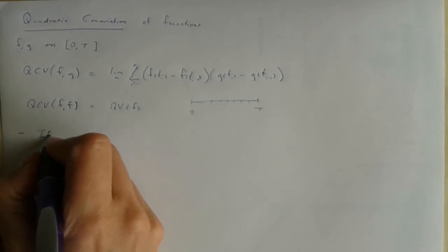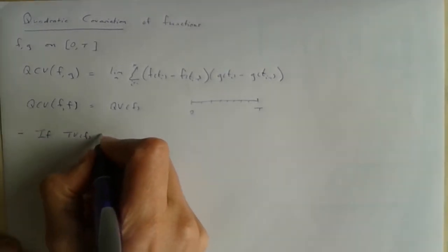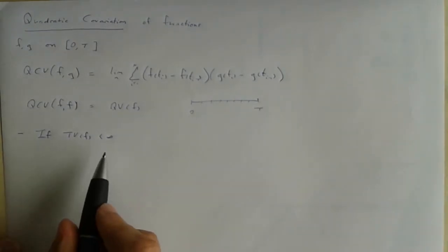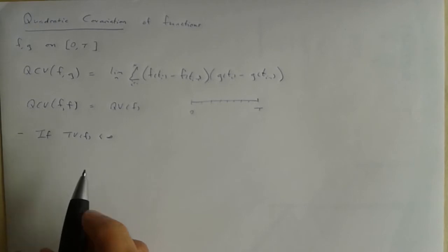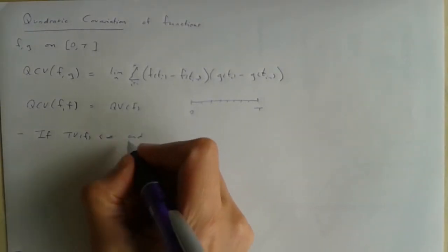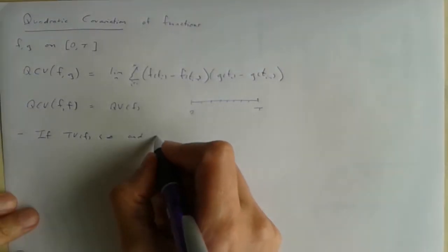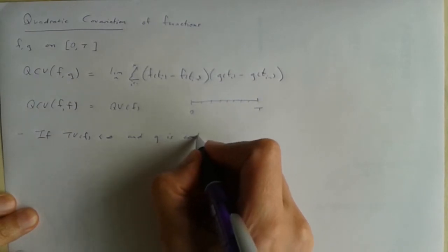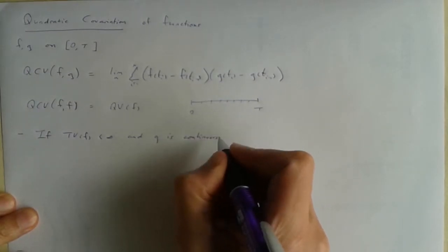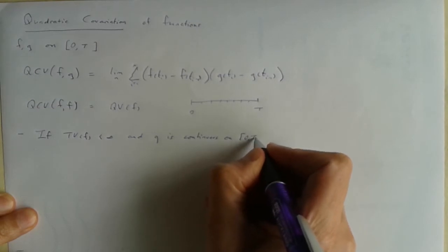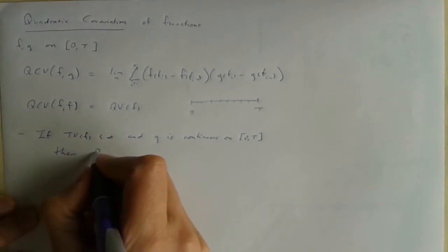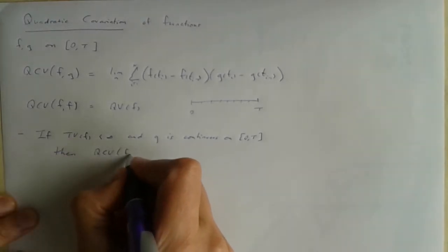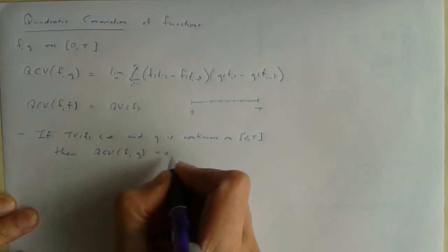In fact, if your f is a function of finite variation, and remember this is most functions, and g doesn't even have to be that, it is enough for g to be a continuous function on the closed interval 0 to t, then that's enough for the quadratic covariation to be 0.